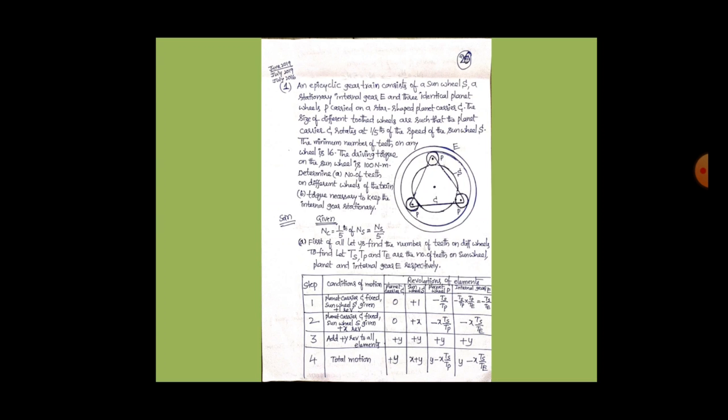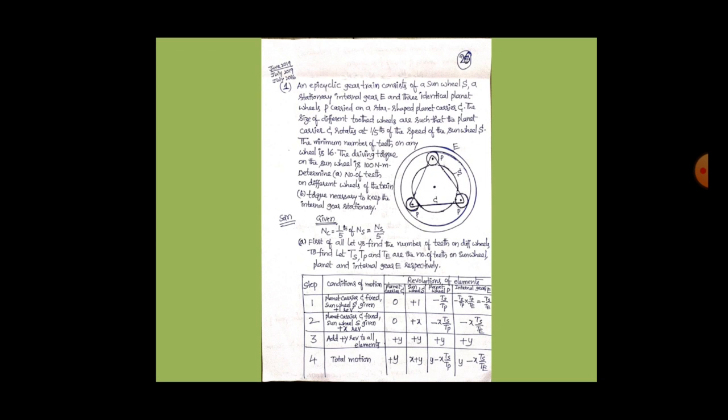S is the sun wheel, and one stationary internal gear, that means a fixed internal gear E, and there are 3 identical planet wheels, which are named P. And these identical planet wheels are carried on a star-shaped planet carrier C. Now the size of the different toothed wheels are such that the planet carrier C rotates at 1/5 of the speed of the sun wheel.